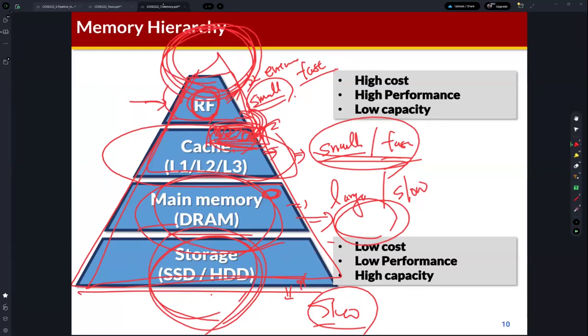Then you can say, oh, then we can just implement a fast and large memory, but it's not possible. This is the ideal case, but there is nothing ideal in the real world. If the memory size is large, the memory is slow.